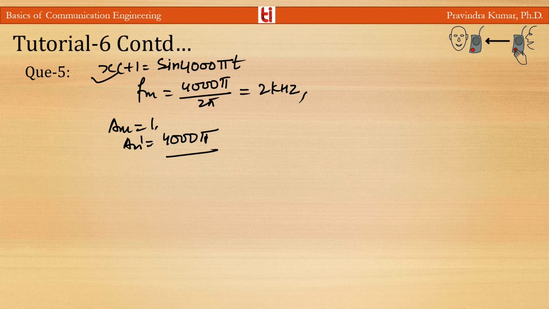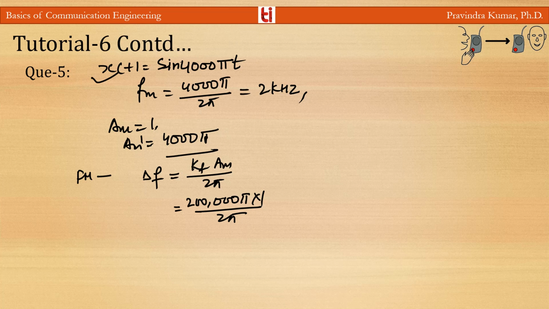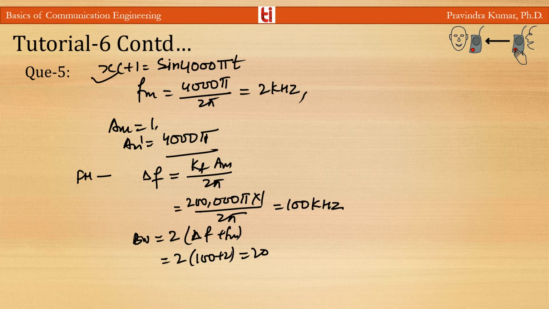So for the FM case the deviation will be kf am by 2 pi, so it will be 200,000 pi into 1 by 2 pi, which is equal to 100 kilohertz. So the bandwidth for this case will be 2 into (del f plus fm), so it will be 2 into (100 plus 2), 204 kilohertz.